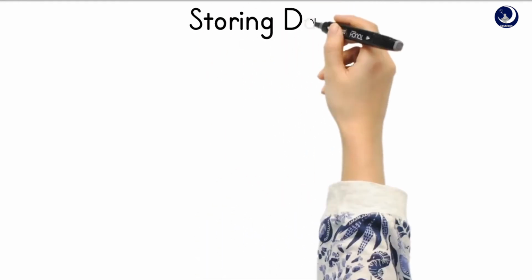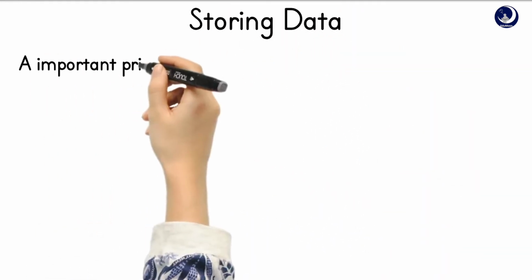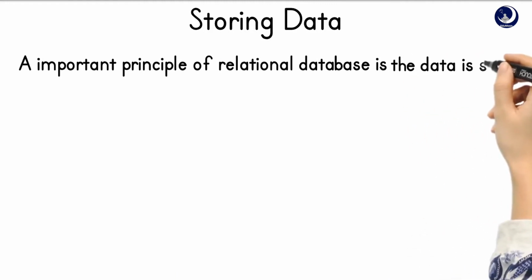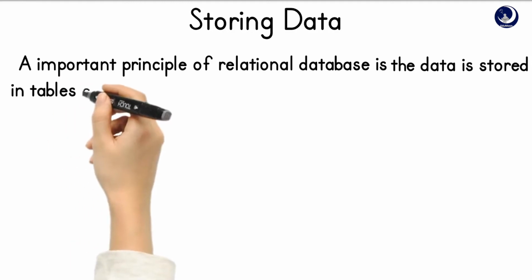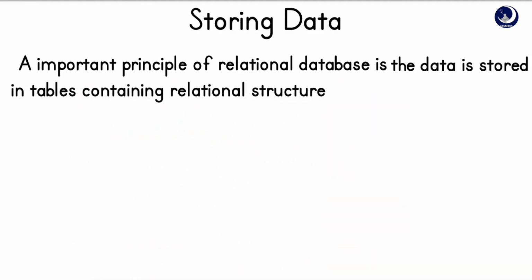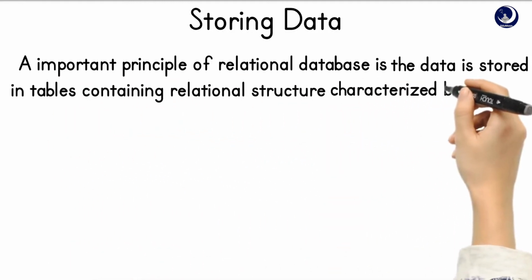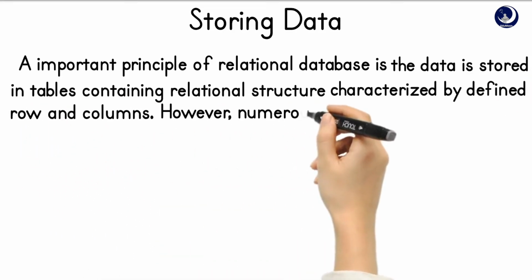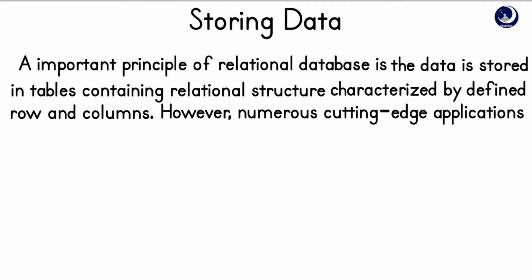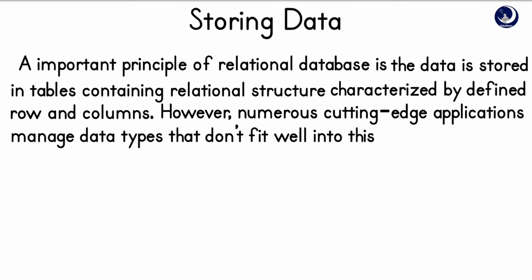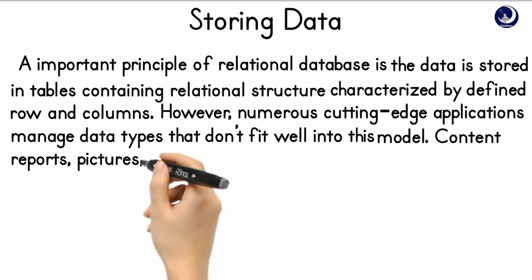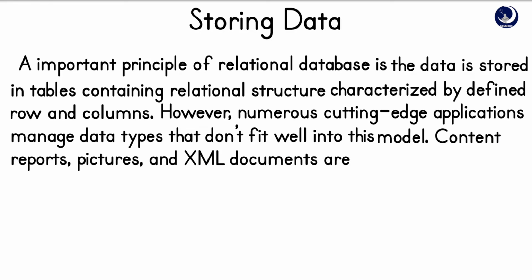The other important aspect of the differences is the way of storing the data. An important principle of relational database is that the data is stored in tables containing relational structure characterized by defined rows and columns. However, numerous cutting edge applications manage data types that don't fit well into this model, like content reports, pictures, and XML documents, which are mainstream cases.